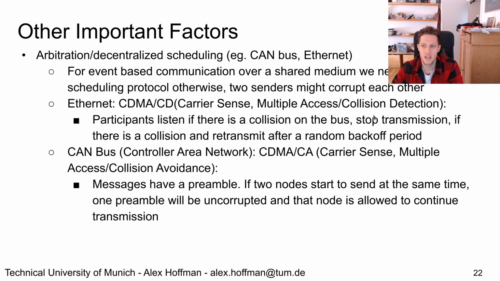Instead of just detecting the collision, they try to avoid it, and so they'll use a preamble to detect if the preamble has been corrupted, and if it has been, this means the message would also get corrupted, and so we're going to avoid sending it now. So they'll check firstly for an uncorrupted preamble, and then they'll continue the transmission. Right?